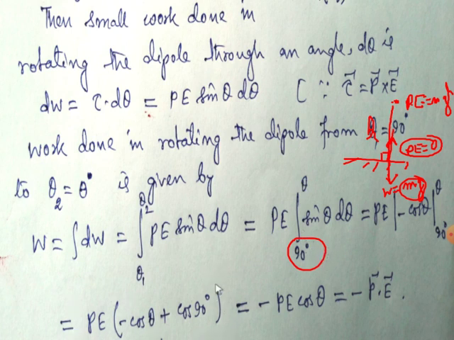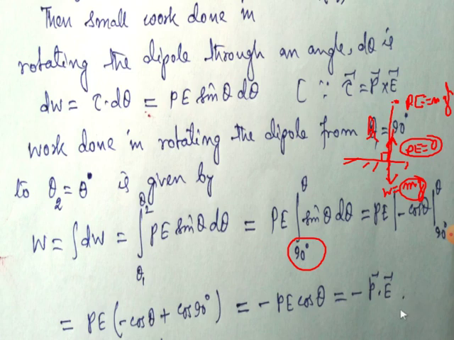Suppose you want to rotate up to some theta, say 60 degrees, and you are asked to find out the amount of potential energy or the amount of work done in rotating that dipole through an angle of 60 degrees, for example, then you should not use this formula directly, and don't put in minus cosine 60 degrees there.